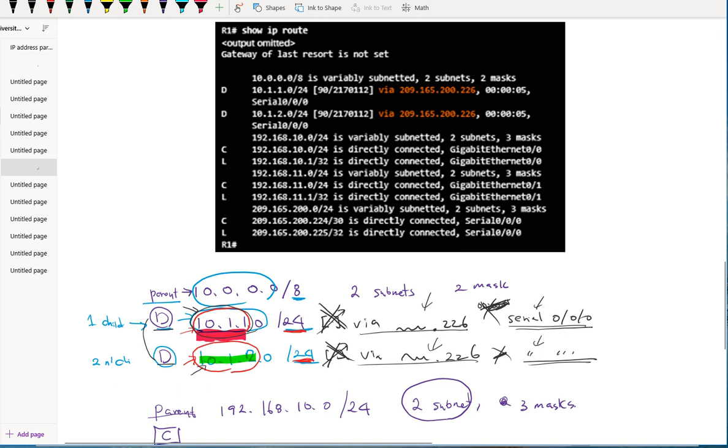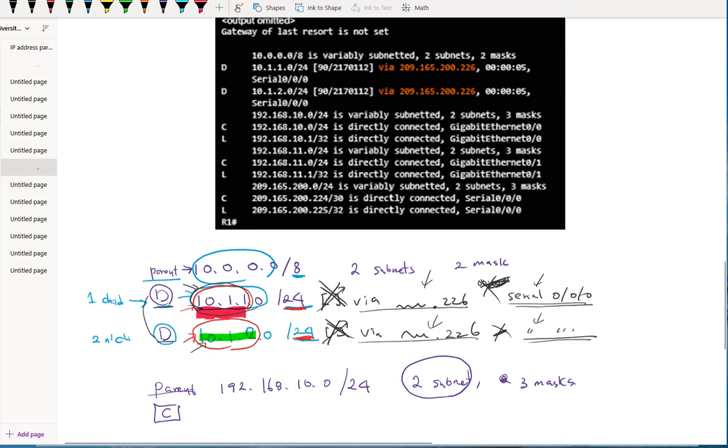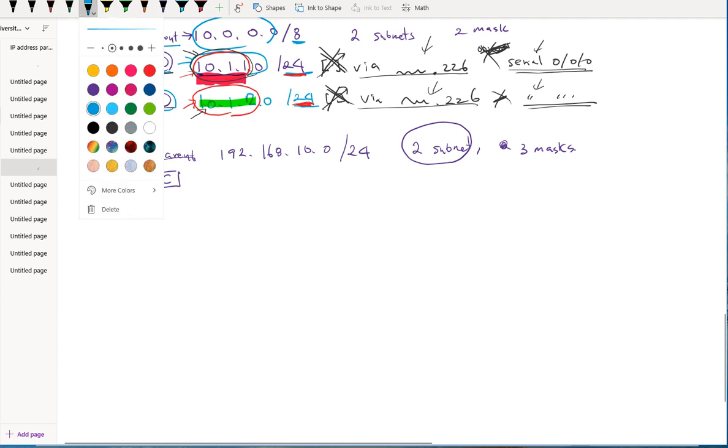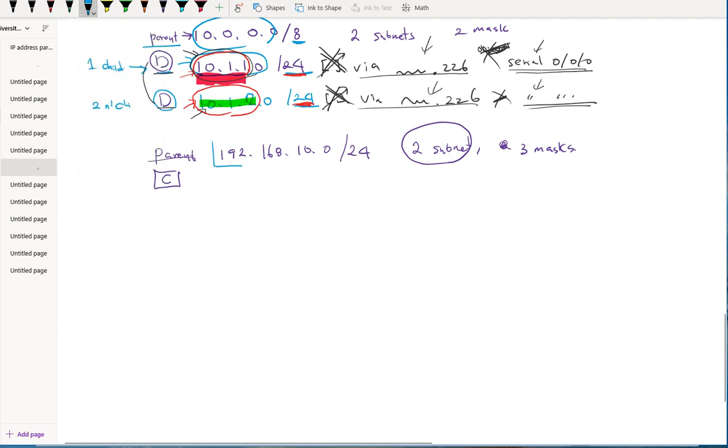Okay, hold on. So basically, you have 2 directly connected networks. By the way, this one stands for the green one.